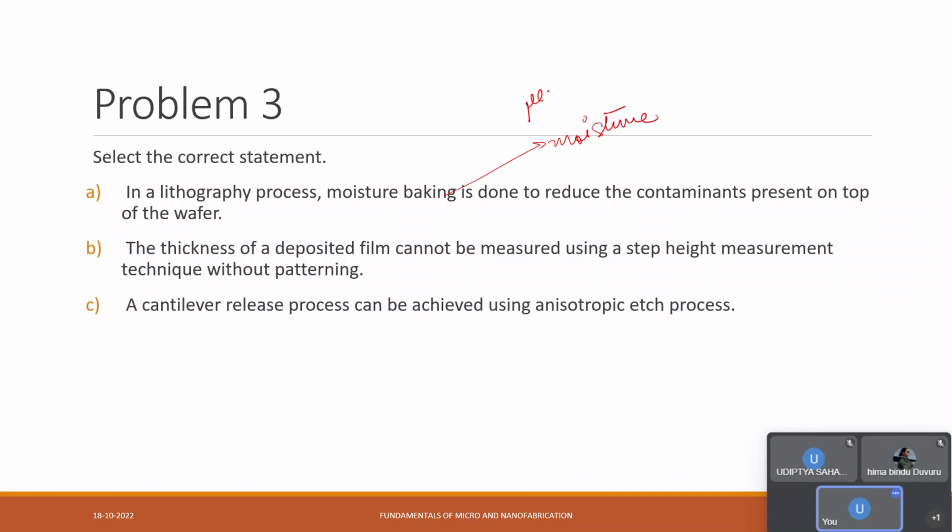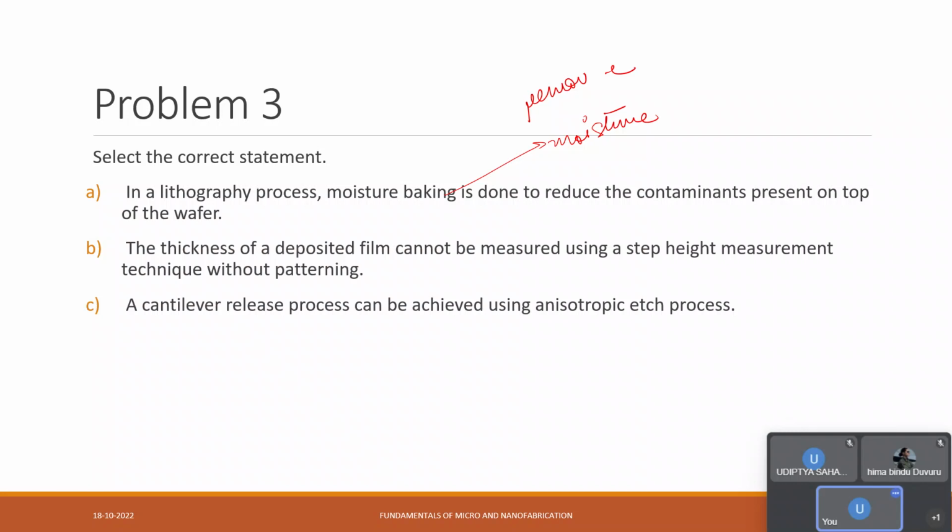It is because these photoresists are hydrophobic in nature, so if water is present it doesn't bind properly to the surface, so we tend to remove the moisture.